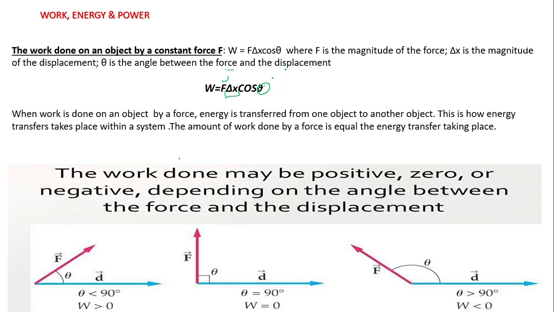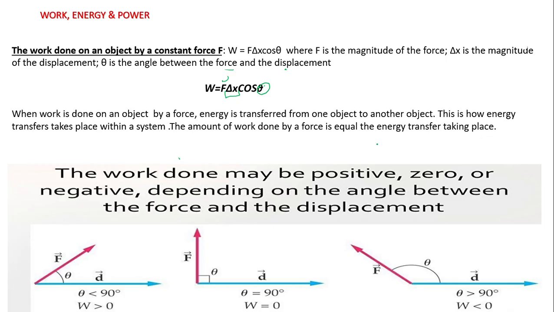And also remember that when work is done on an object by a force, energy is transferred from one object to another object. This is how energy transfer takes place within a system, and the amount of work done by a force is equal to the energy transfer taking place.